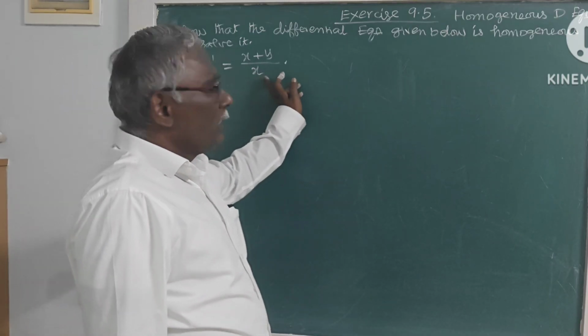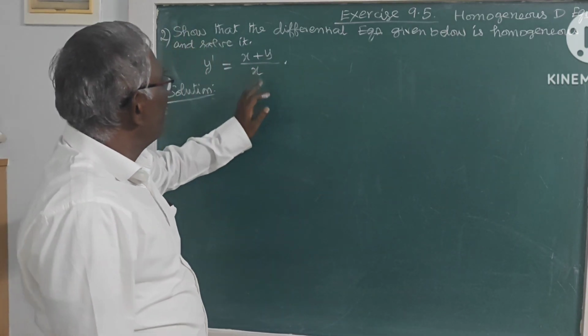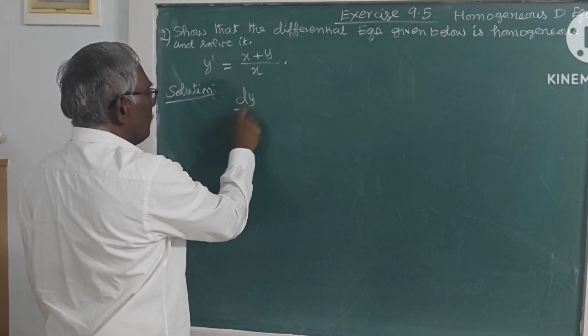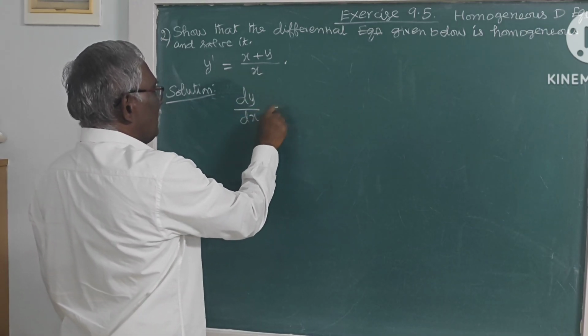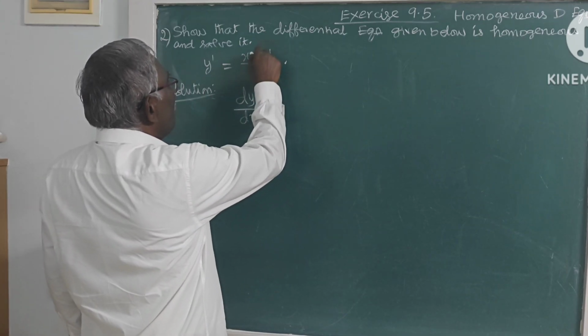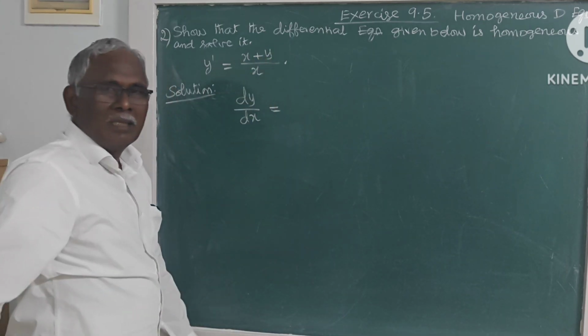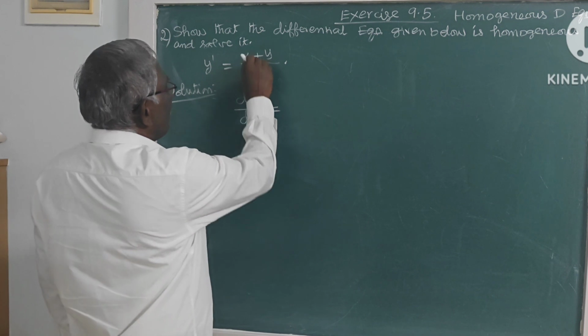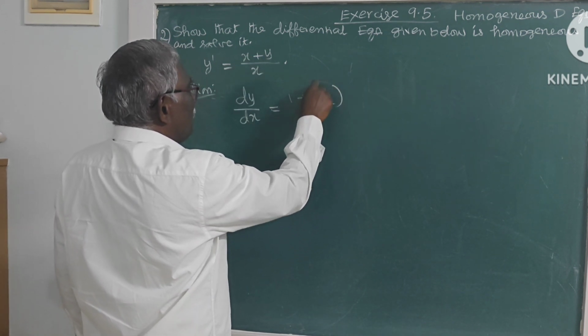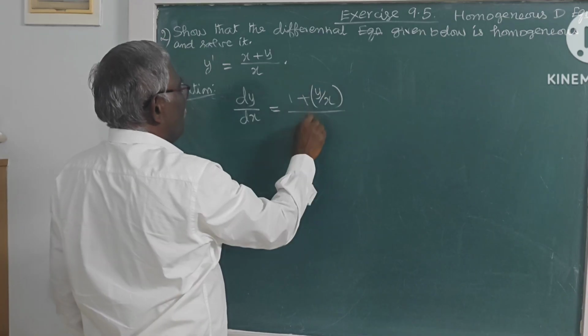So the given differential equation can be expressed in this form: dy by dx is equal to, we will divide numerator and denominator by x. So this will be 1 plus y by x by 1.